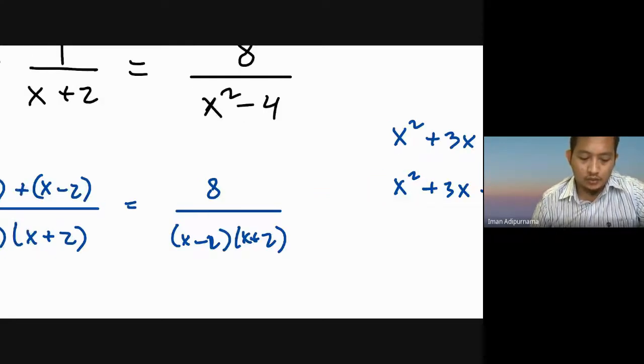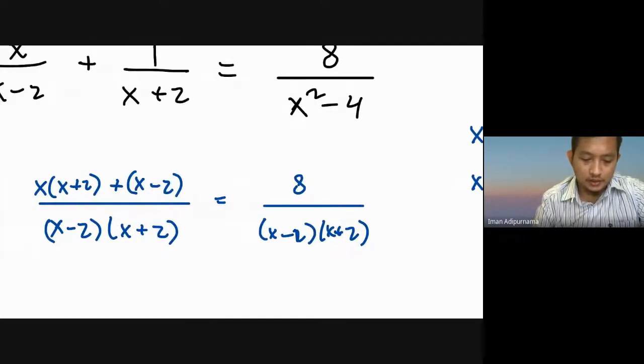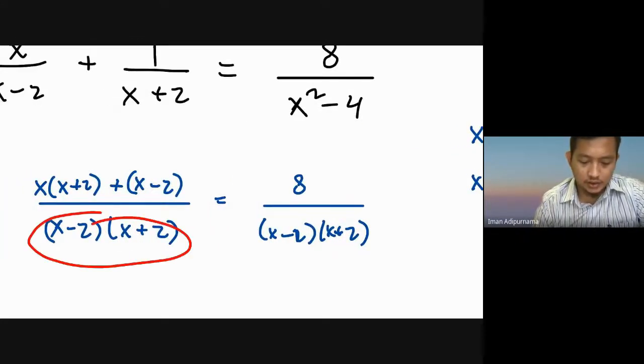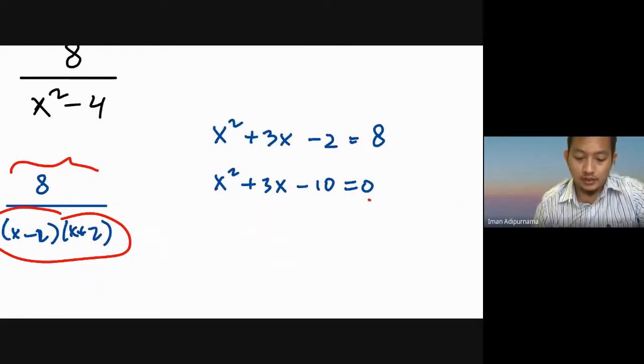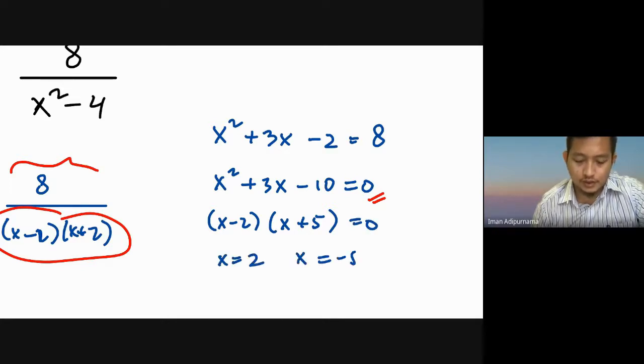Because both denominators are the same, we can consider the numerator as the one creating zeros. So we can consider this, and then we can factorize this, and then we can say that we have two answers, right?